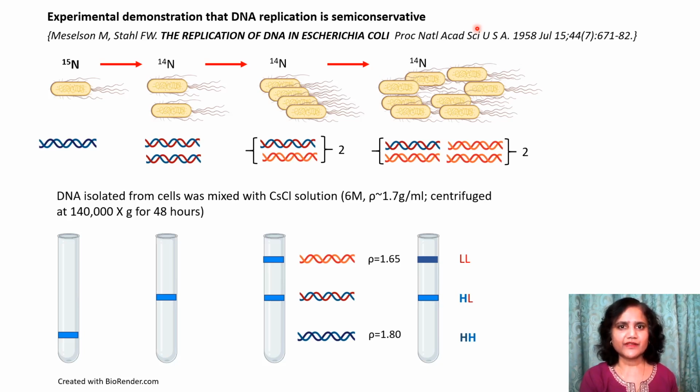In case of conservative, both the parental strands remain together and form an entirely new DNA molecule that has both new strands. Whereas in case of dispersive, each parental strand is broken at intervals and used to prime synthesis of short new strands that would be joined later on to form completely new strands. All the DNA strands produced would have both old as well as new DNA.